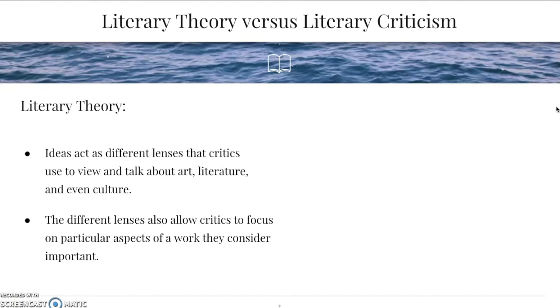So depending on which lens of literary theory we're focused on, we'll focus on different aspects of the work that are considered important. And when focusing on them, we'll analyze them, breaking them down to their significance and responding in the form of an essay.